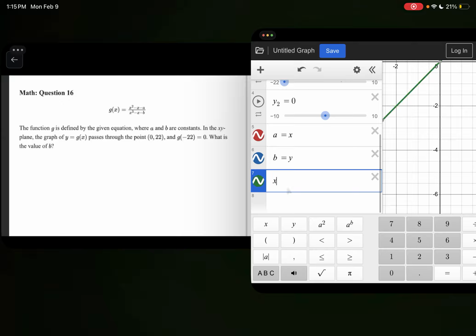For the x1, I do x1 squared minus x1 minus a, divided by x1 cubed minus x1 minus b.